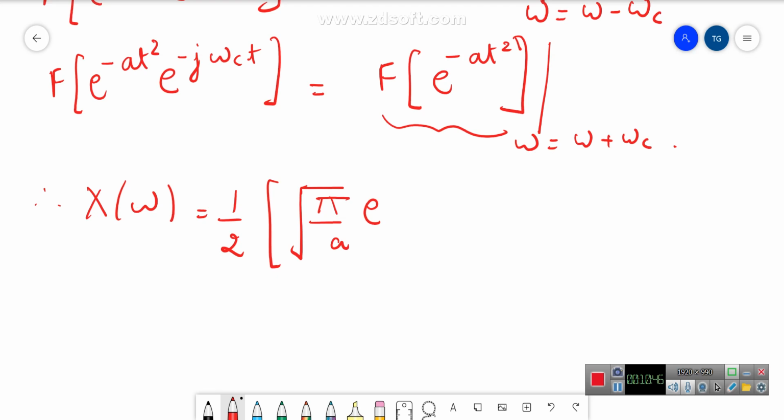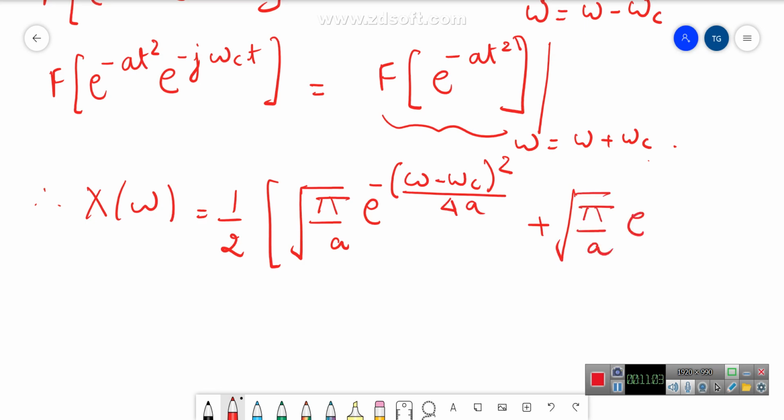Now omega is getting shifted by omega minus omega c and omega plus omega c for these two terms, so wherever there is omega, we write omega minus omega c whole square by 4a, plus under root of pi by a e to the power minus omega plus omega c whole square by 4a.